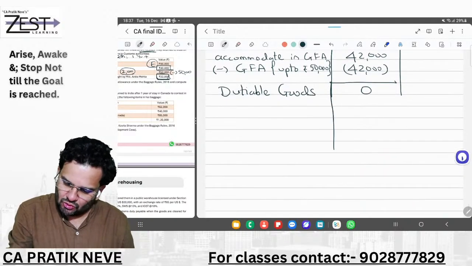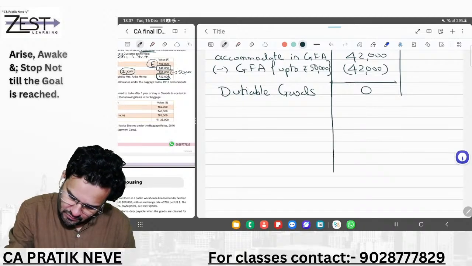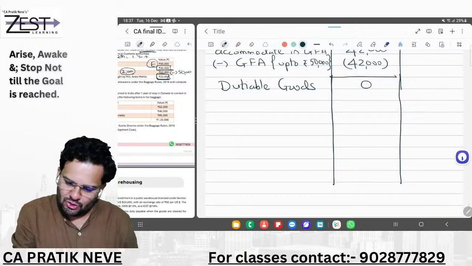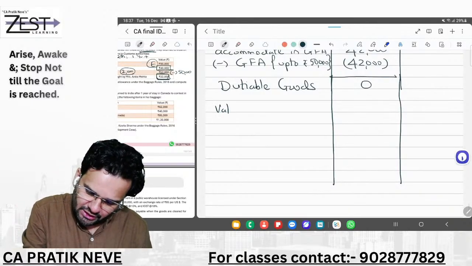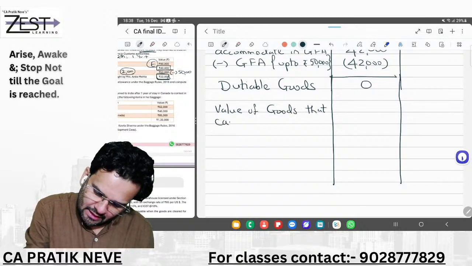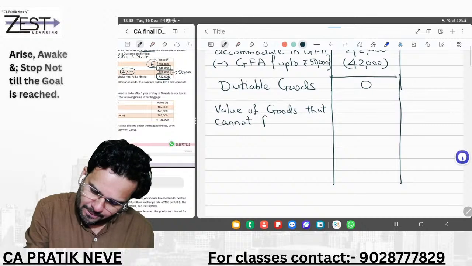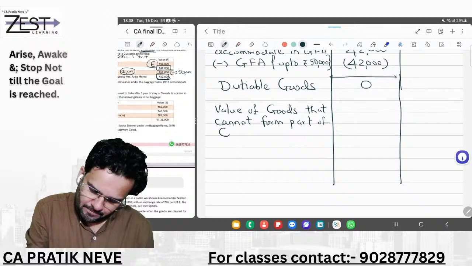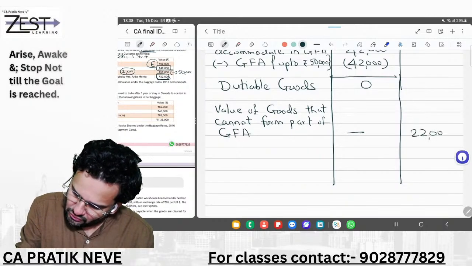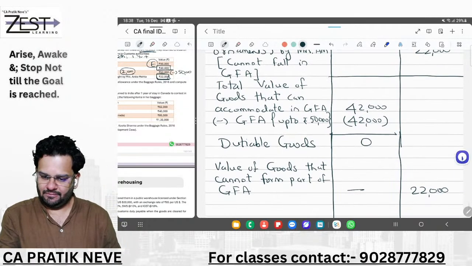And friends, go ahead. Value of goods that cannot accommodate in GFA. Value of goods that cannot form part of GFA. That is 22,000 for our Anita Mehta.